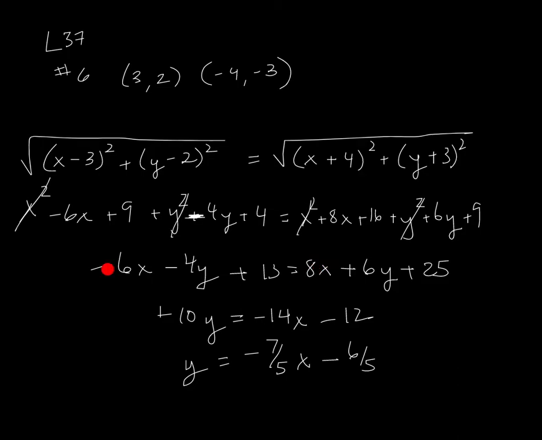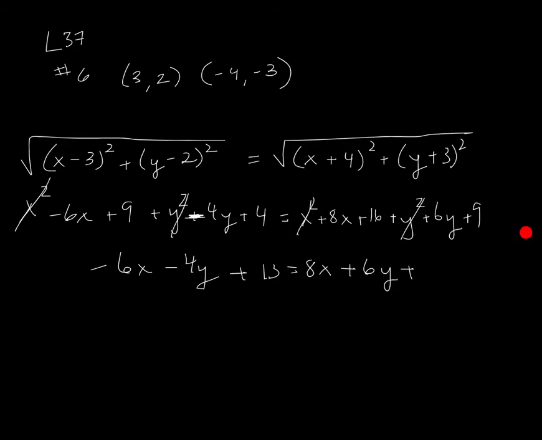Let's see, this is -14. This would be -10y. I think they're positive. I think they're negative. Let me just go back up here and redo mine. Oh, it's 9. Okay. Yeah, the answer is what I had, but some of the work I did was weird.